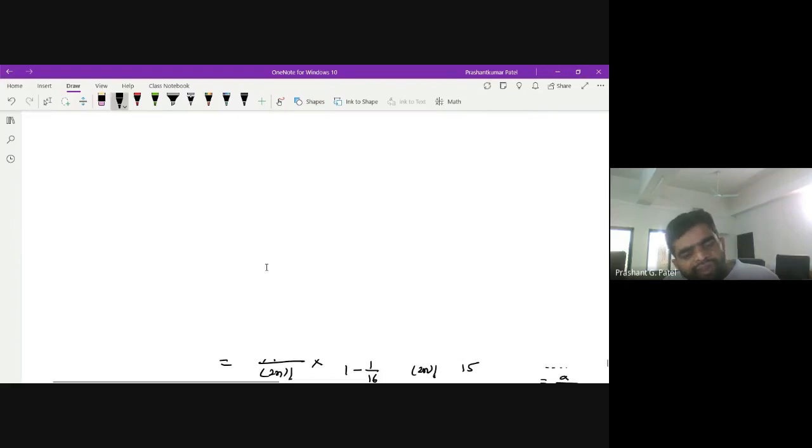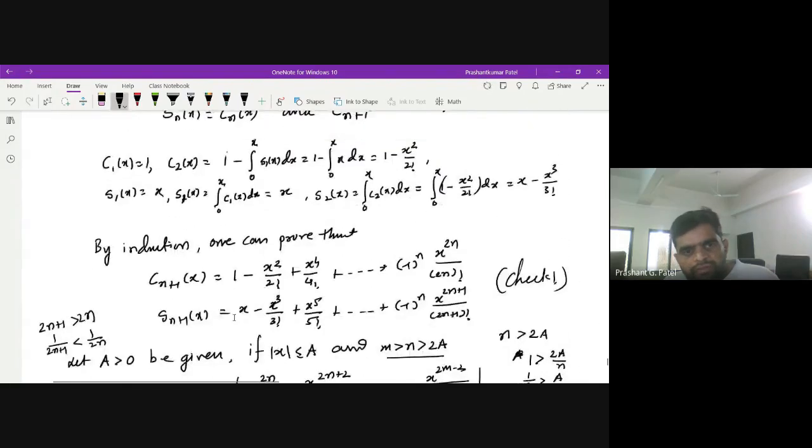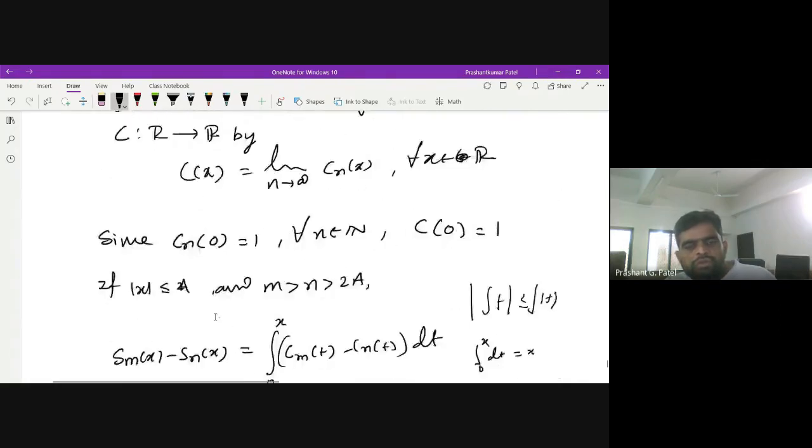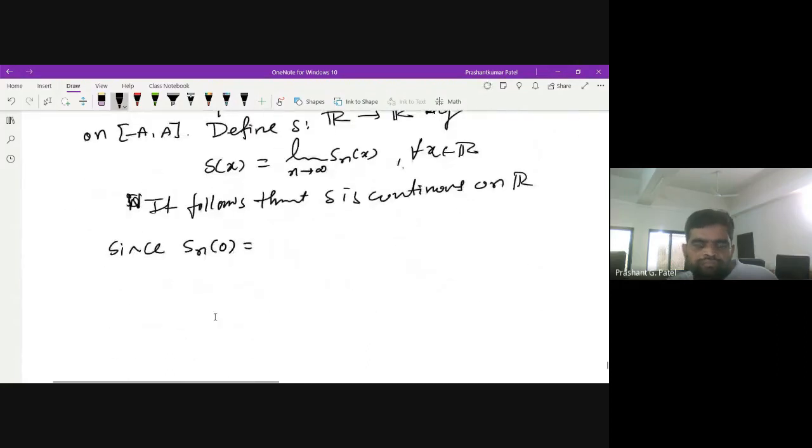If you put x equal to 0 here, then you will have Sn is 0. And if we apply the limit, you will have S of 0 is 0. So that gives you S0 is 0.